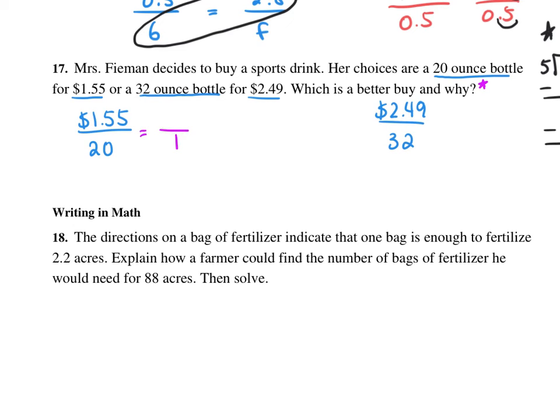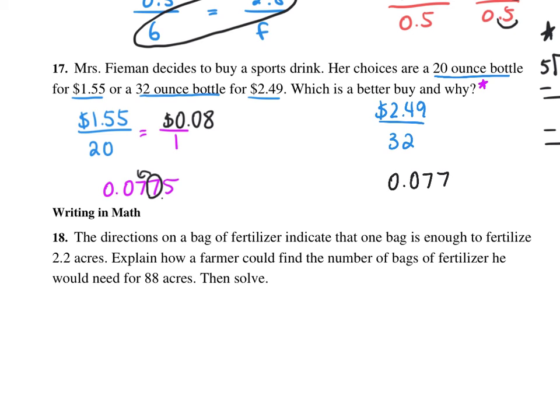When we divide this first one here, now we need to round to the nearest penny. So I'm going to look at that thousandths place. Since it's a 7, I know this rounds up to 8 cents an ounce. This one as well, I need to round here.